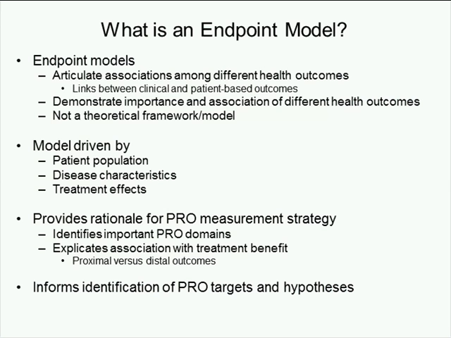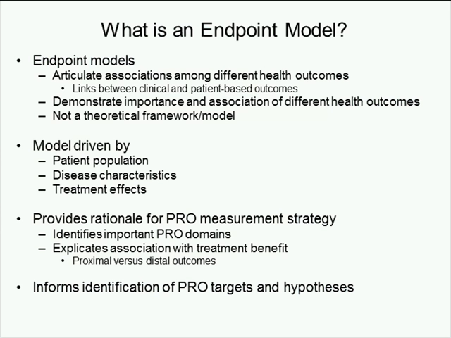Usually the model is driven by the patient population, that is what disease primary site, stage, histology, etc., and the disease characteristics, including the symptoms and functional impact of the disease, as well as the expected treatment effects. So you put all these different things into one two-dimensional model to try to express visually what you're interested in comparing and looking at across treatment arms.